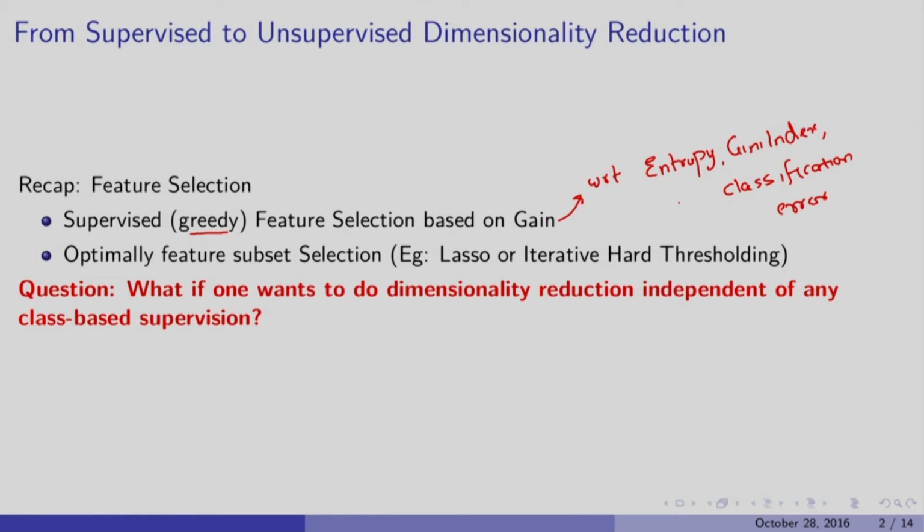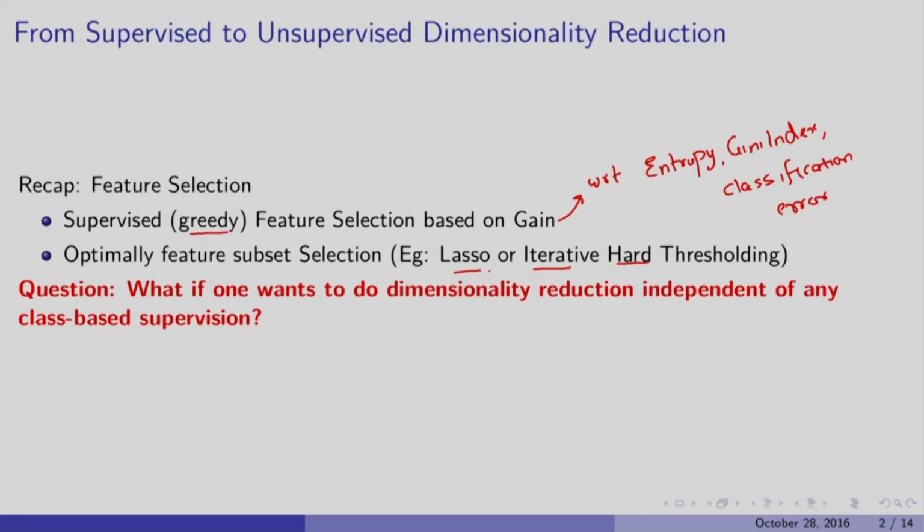We have also discussed optimally selecting a subset of features using iterative hard thresholding for classification, lasso for regression and so on. The question is, can we avoid depending on the class label for dimensionality reduction?